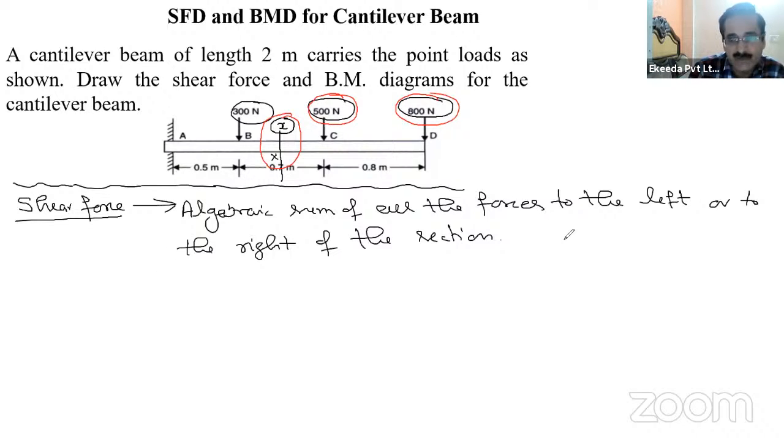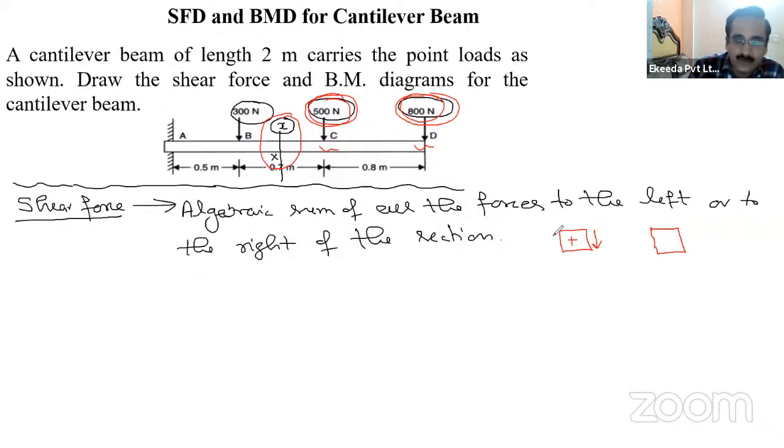For shear force, there is a general trend. However, it is not final. You can take your own sign convention also, but this is a general trend. There are two forces here, 500 Newton and 800 Newton. Because to the right of this section the forces are in the downward direction, if they are downward, then it is taken as positive.